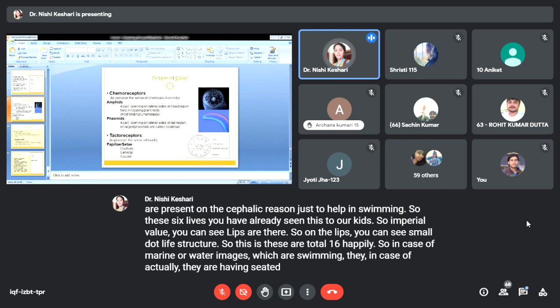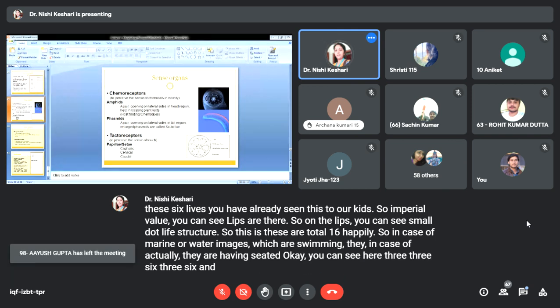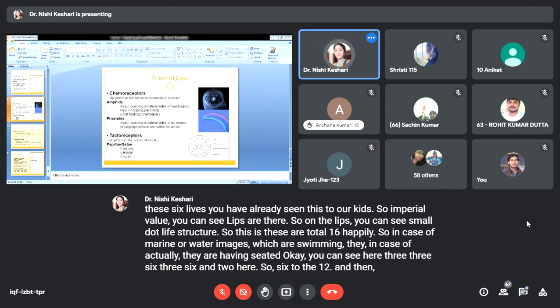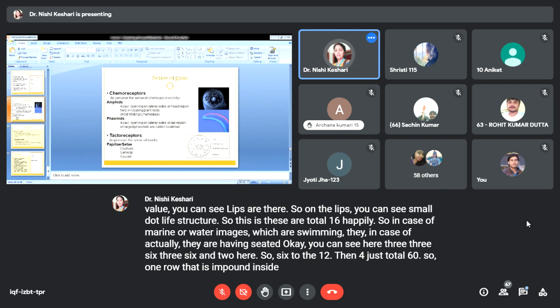Okay, you can see here 3, 3, 6, 3, 3, 6, and 2 here, 2 here. So 6 and 6 is 12, then 4. It is a total of 16. One row found inside is 6, and the outer row is 10. So 6 in the inner row and 10 in the outer row.